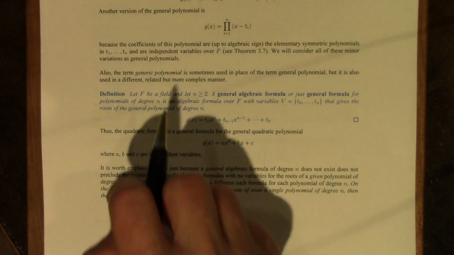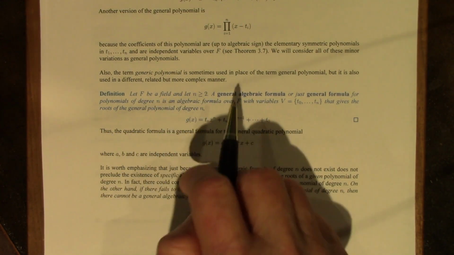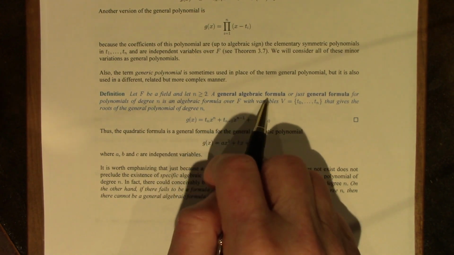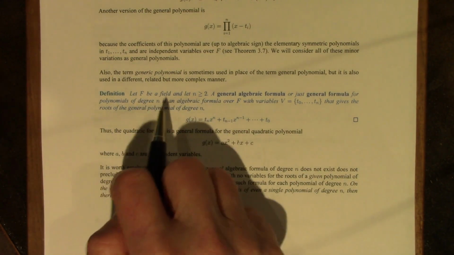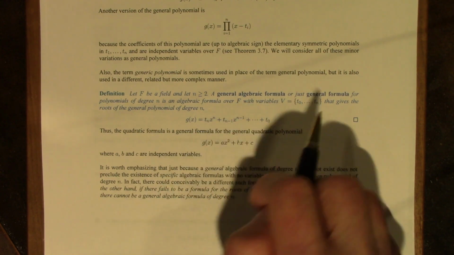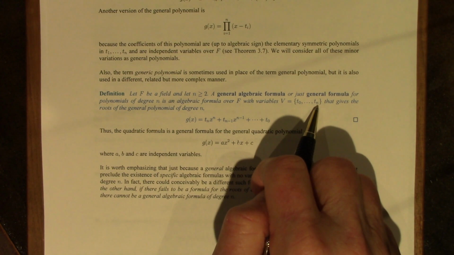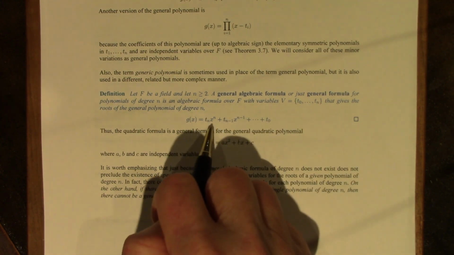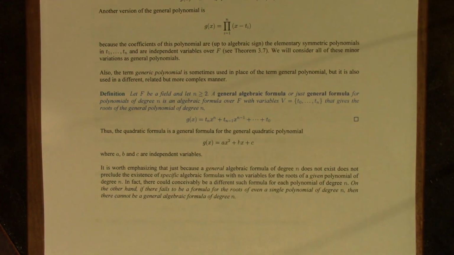Definition then. Let f be a field and let n be bigger than or equal to 2. A general algebraic formula, or just a general formula, for polynomials of degree n is an algebraic formula over f with variables t0 through tn that gives the roots of the general polynomial of degree n.